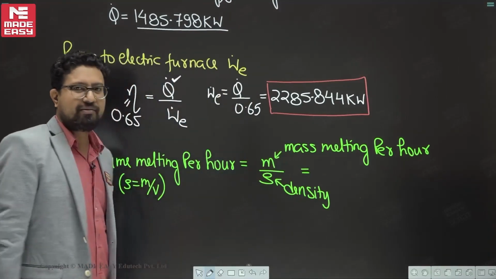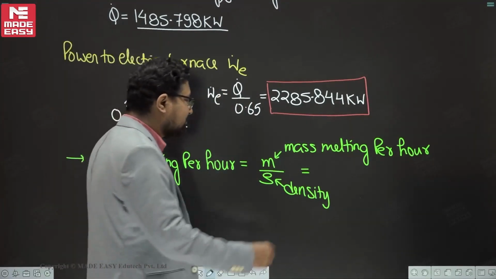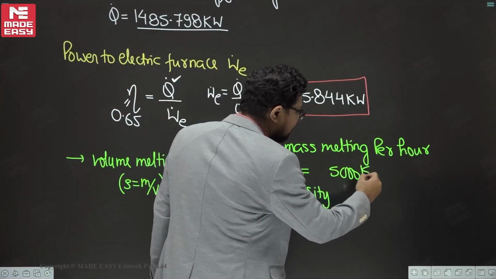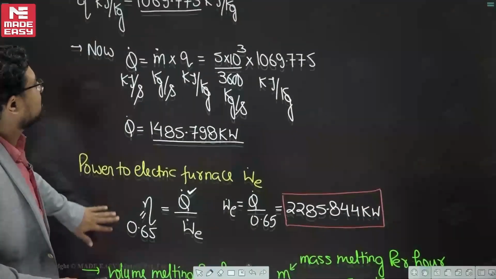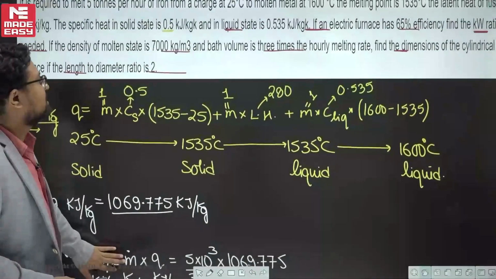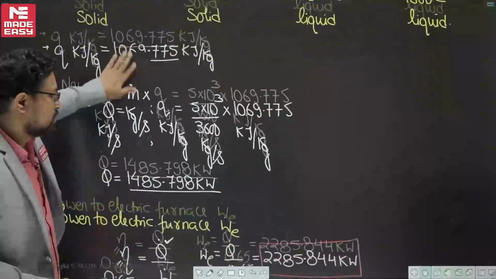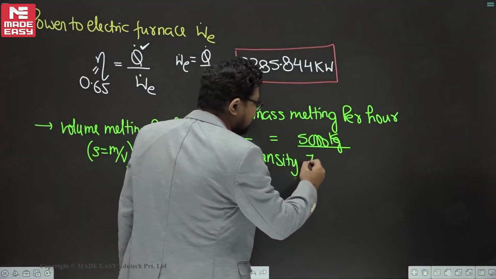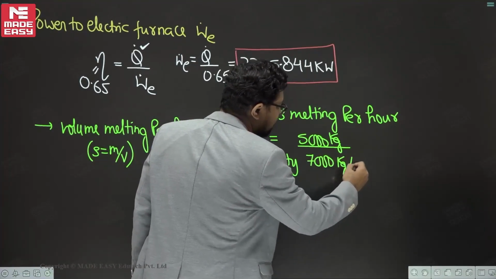So, now we will have the mass melting, that is 5 tons. 5 tons means 5000 kilogram per hour, divided by the density. The density is given to be 7,000 kilogram per meter cube.